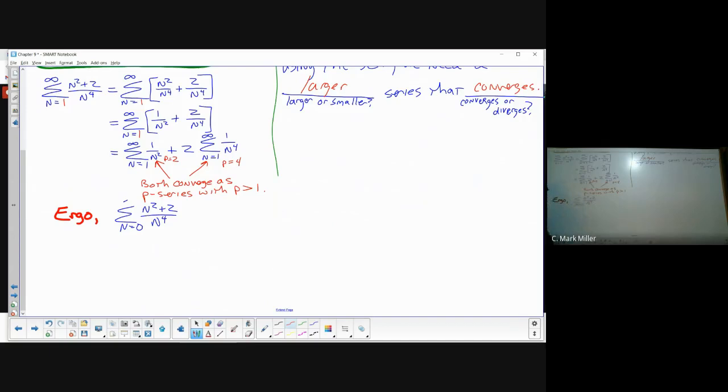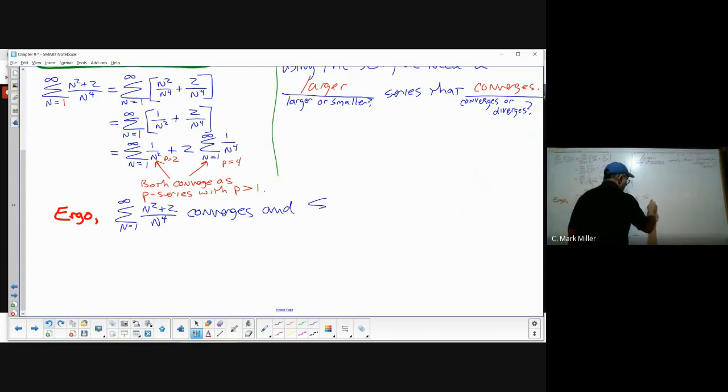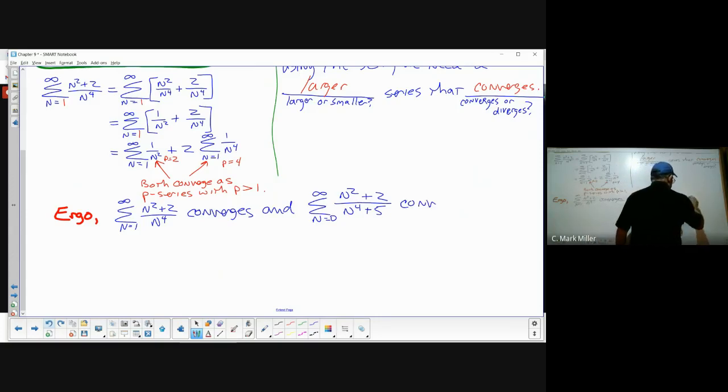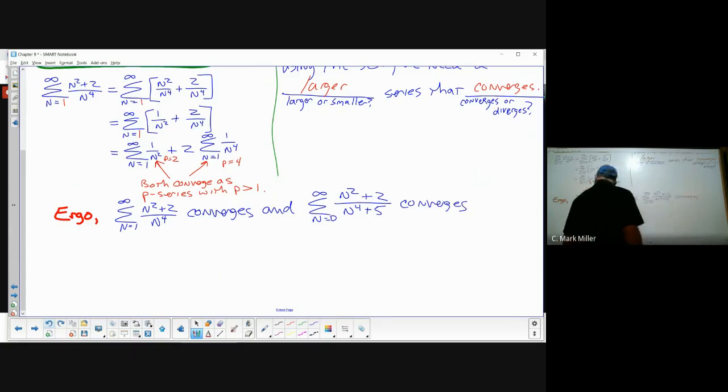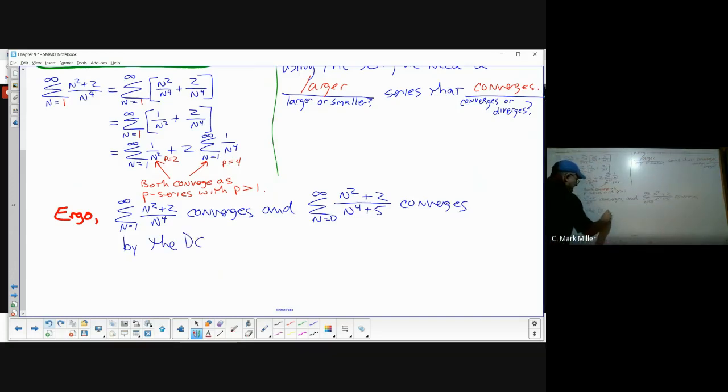Now I can't do 0. 1 to infinity. Converges. And our original one converges by the direct comparison test. Right.